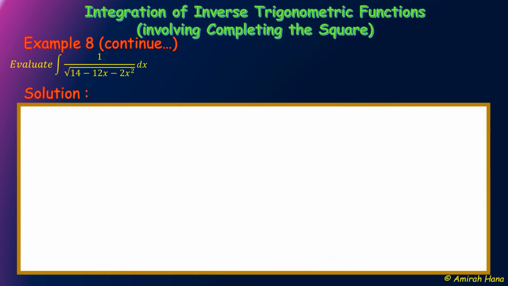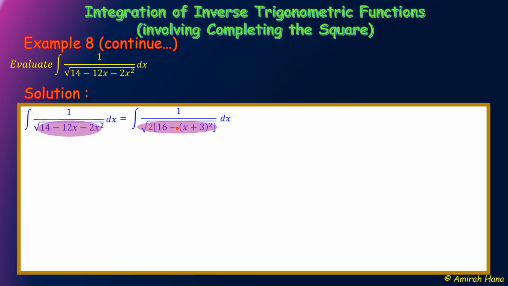Alright, after that, from the given question, integration of 1 over square root of 14 minus 12x minus 2x squared dx, we can write it equals integration of 1 over square root of 2 times 16 minus x plus 3 bracket squared dx. We write 14 minus 12x minus 2x squared equals 2 times 16 minus x plus 3 bracket squared, from the previous slide, by completing the square.